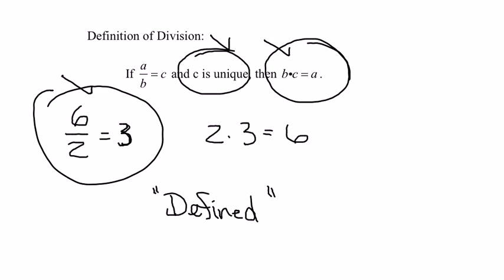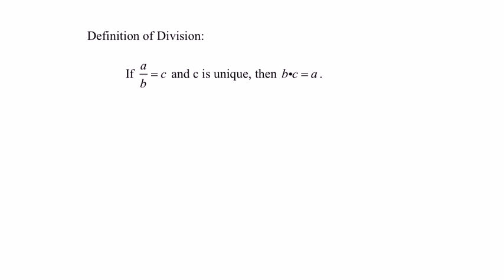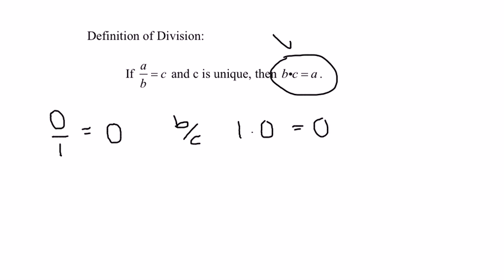So let's look at examples with 0 in them and see what happens. Let me clear this, and let's start with 0 divided by 1. I'm going to say that this equals 0 because 1 times 0 equals 0. So it satisfies the second part of the definition.